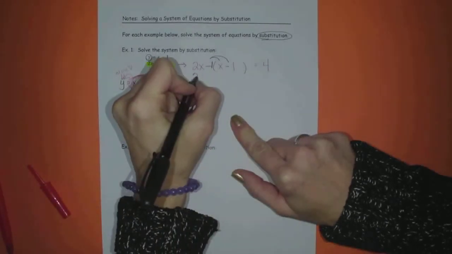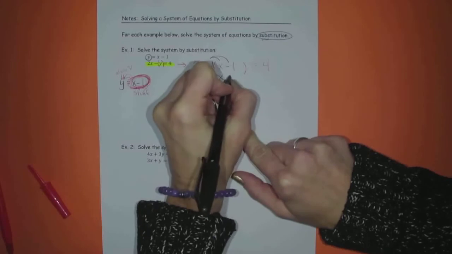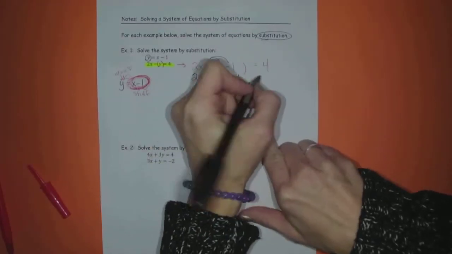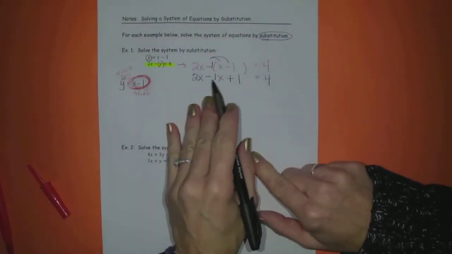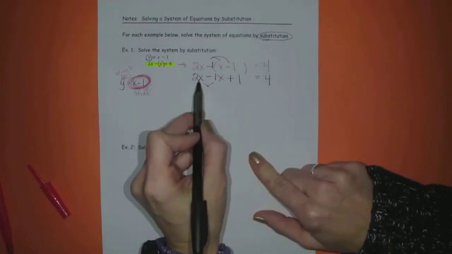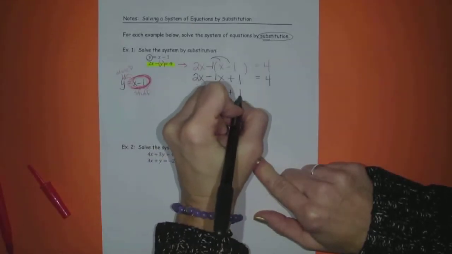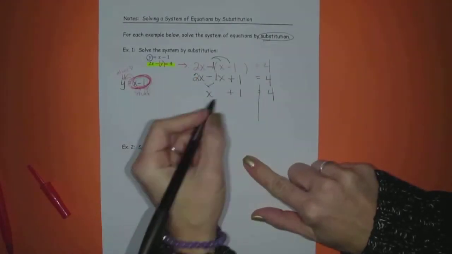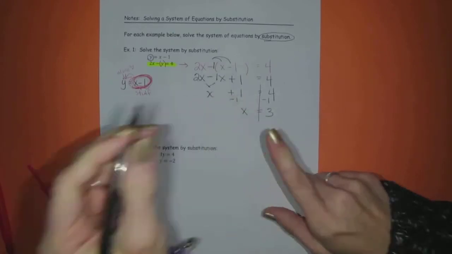So this is going to give me 2x minus 1x plus 1, because a negative times a negative is a positive, equals 4. Keep solving. I can combine like terms here. 2x minus 1x is just 1x plus 1 equals 4. And to solve this, I would just subtract 1 from both sides, so x would equal 3.